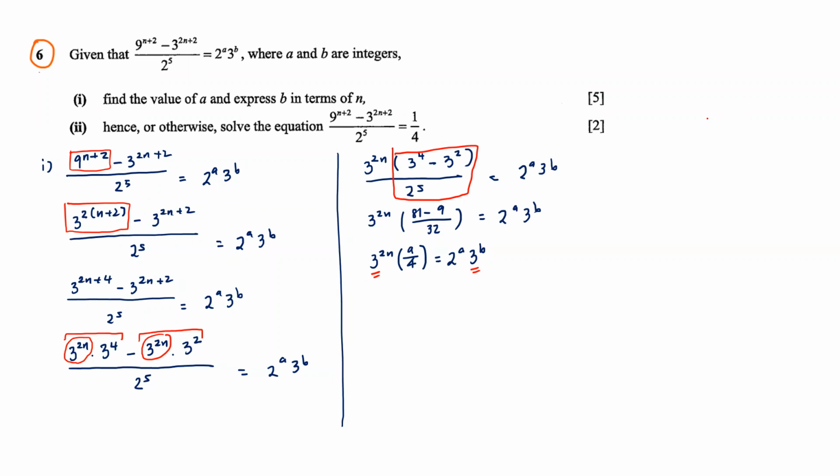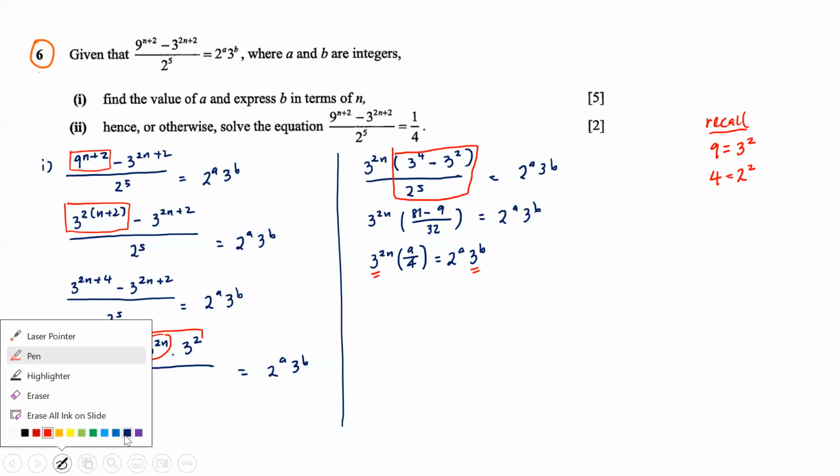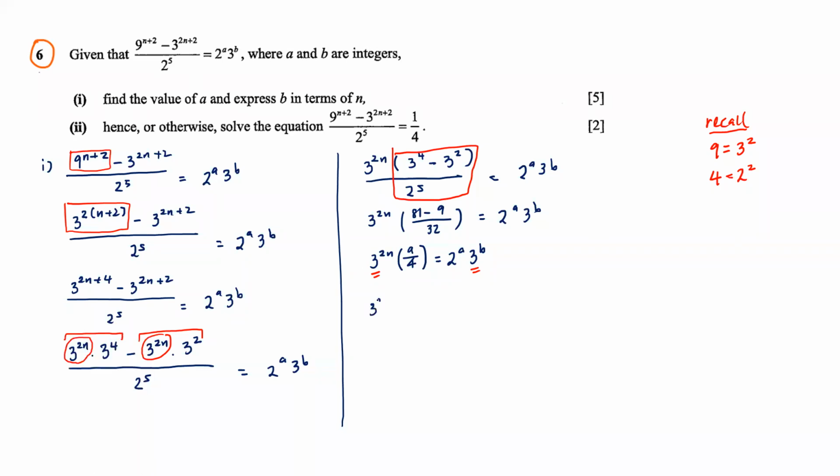Recall that 9 is equal to 3 to the power of 2 and 4 is equal to 2 to the power of 2. So this is where we can replace 9 over 4 as a certain fraction to the power of 2. Okay, so we could write it this way.